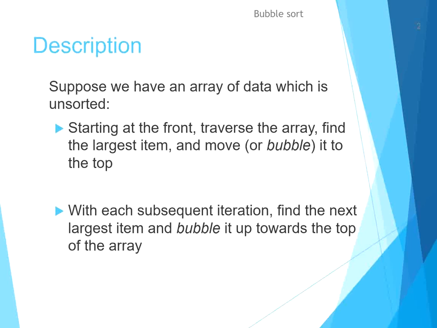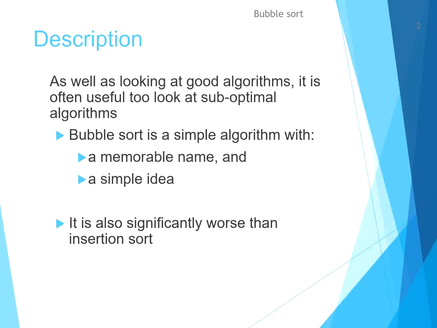So we start from the very first element of the array, and then we compare it with the other elements, and at the first pass we move the highest element to the right side, or you can say the top of the array. With each subsequent iteration, find the next largest item and bubble it up towards the top of the array. So this is how the bubble sort is working.